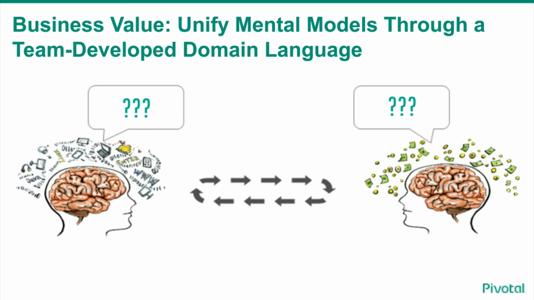Notice that while each probably has a vision of the software, once they begin conversing with one another and collaborating, there are question marks in the mind of each kind of participant in this feedback loop.